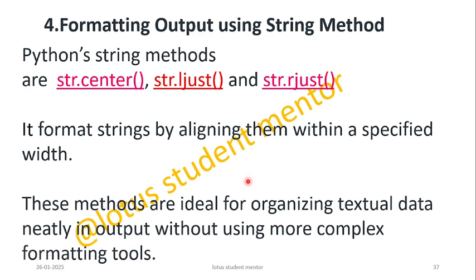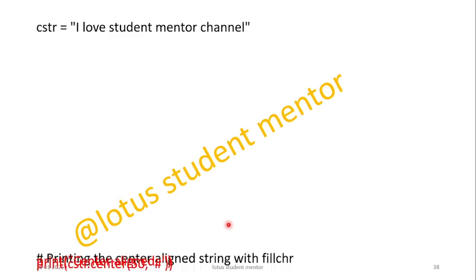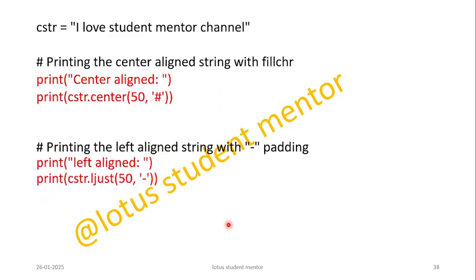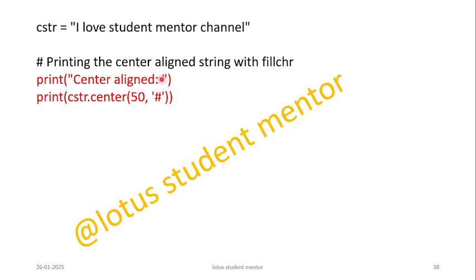These methods are ideal for organizing textual data. The example: suppose CSTR is "I love student mentor channel". To print it center aligned, we use CSTR.center(50, '#'). What happens? The total width is 50 characters.